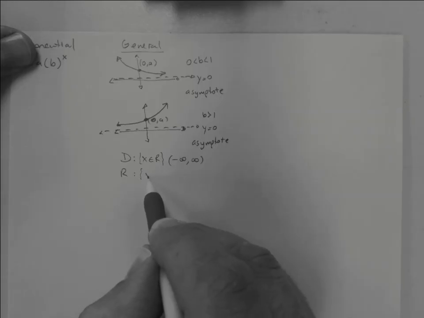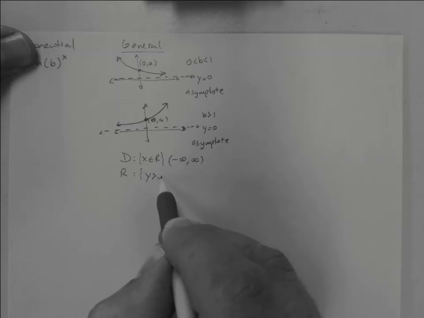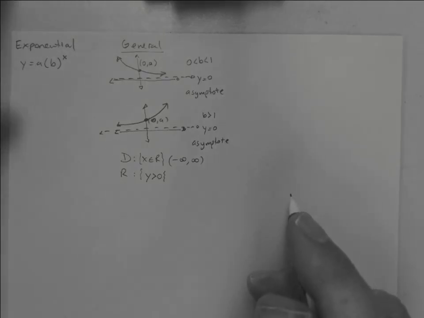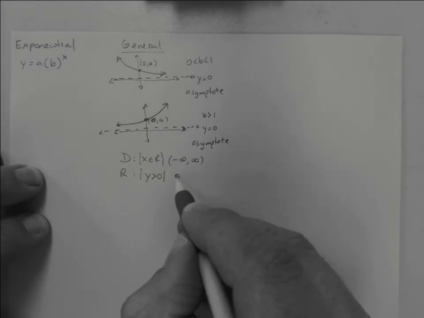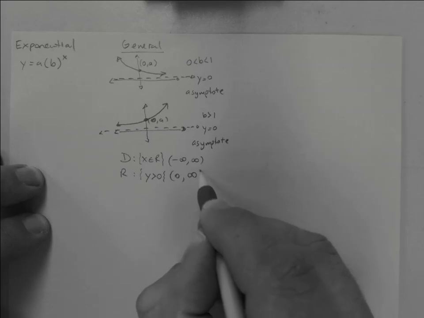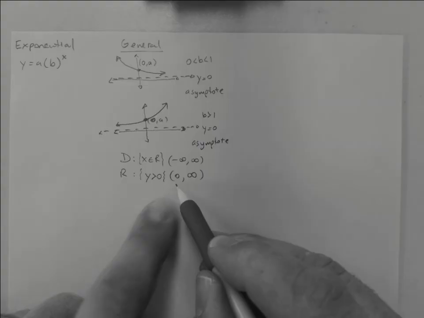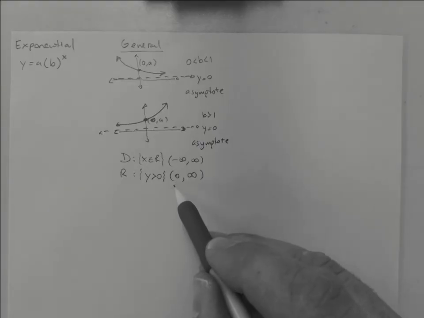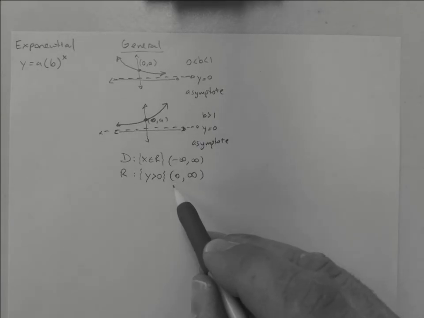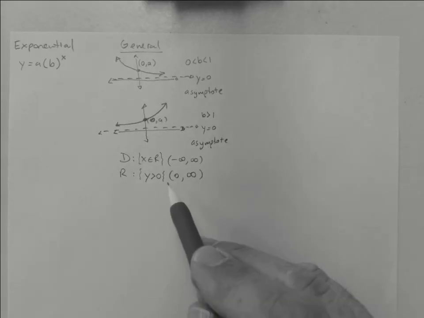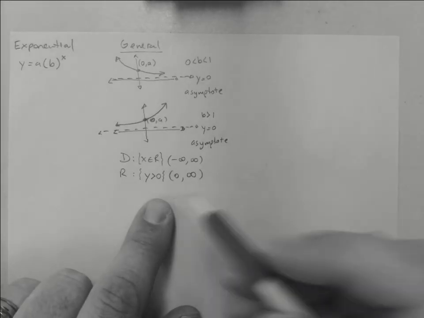The range, y is greater than 0 if you want set notation, but most of you are not going to choose it. So you're going to go from 0 to infinity. So 0 is not inclusive. 0 is not an option, but you can get really, really close to it. So that's why we go 0 brackets, like everything close to it, but not including 0. Okay, that's what round brackets mean.